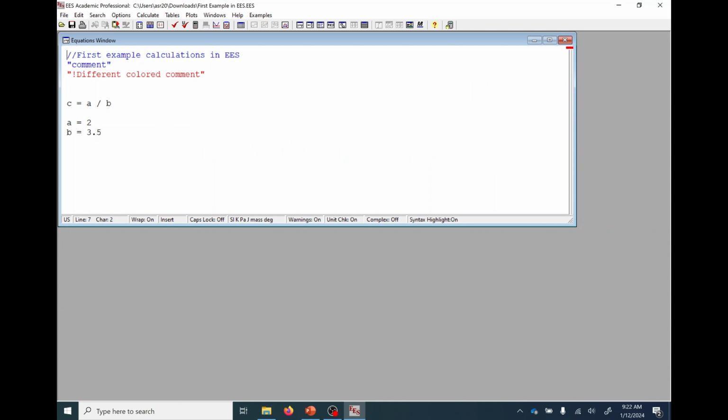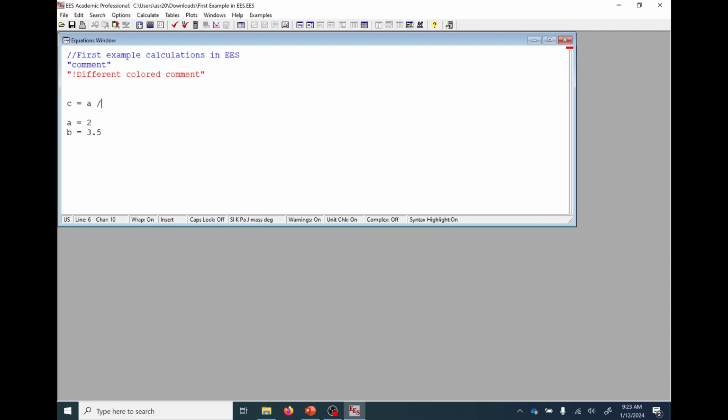Another comment is that I don't need to evaluate all of my expressions in the conventional format where I'm assigning a value on the left-hand side to be equal to the expression on the right-hand side. All EES tries to do is satisfy equations.